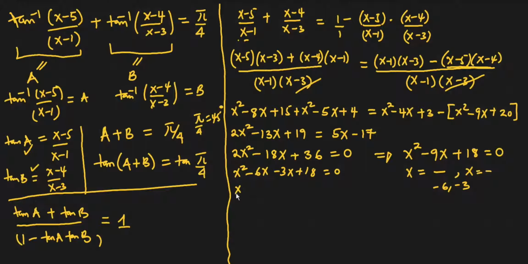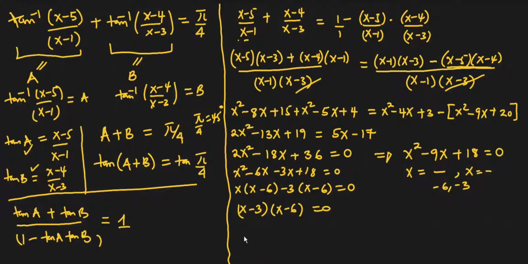So I can have x into x minus 6 minus 3 into x minus 6 is equal to 0, because if we factorize out, we pull out minus 3, then we remain with minus 6 to make sure that it goes back to the positive. And so that means we have x minus 3, since this is the common factor, then into x minus 6, and this is equal to 0.